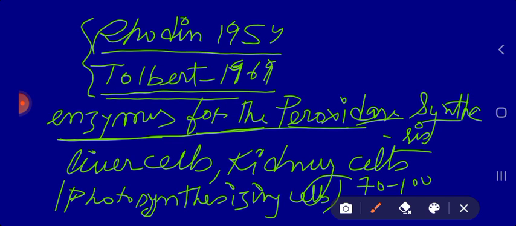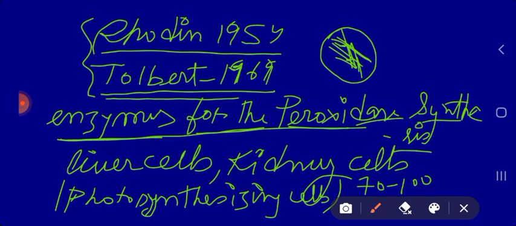Each peroxisome is covered by a single unit membrane made up of proteins and lipids. They have a matrix of fine granules, and they also contain fibrous structures as well.